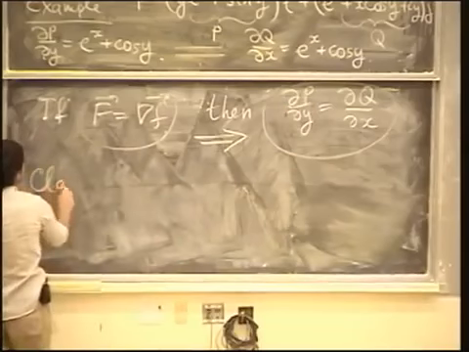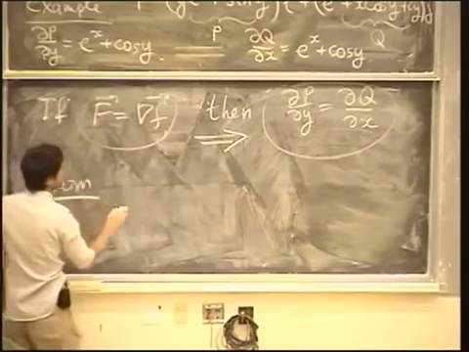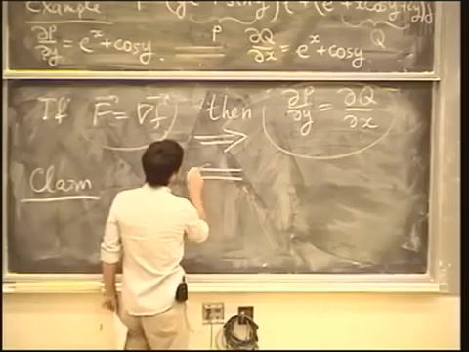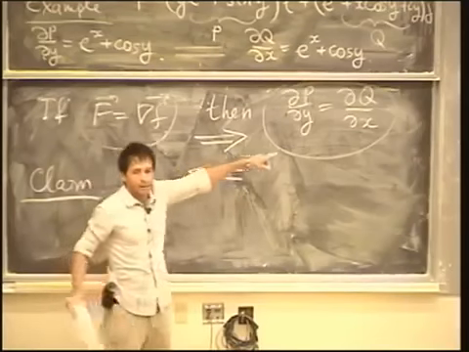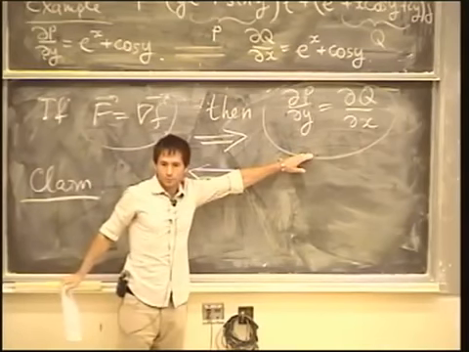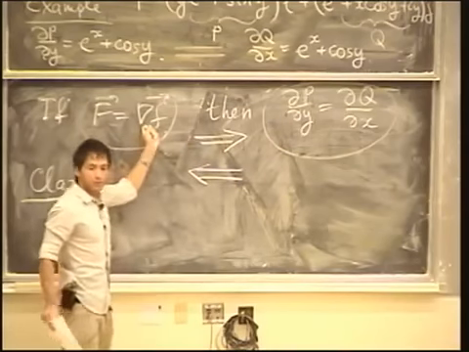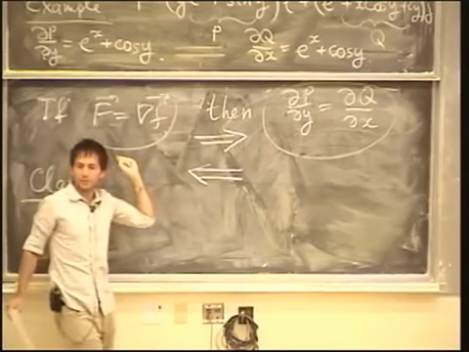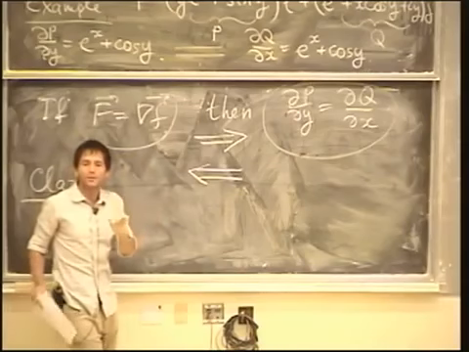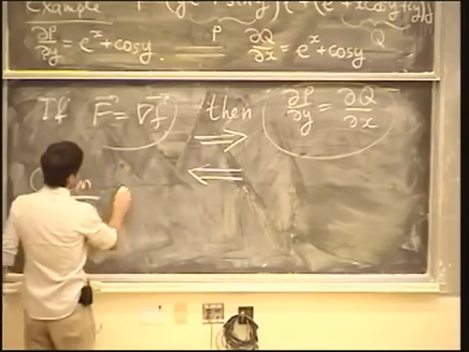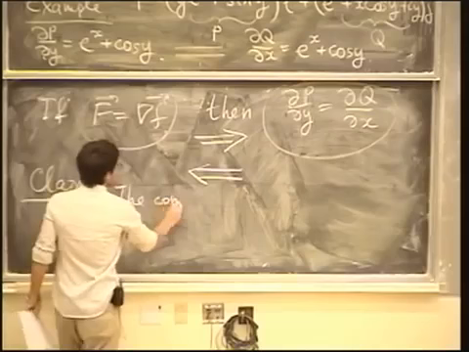But actually, the claim is that the converse is also true: if dP/dy is equal to dQ/dx, then there exists a function f such that the vector field is a gradient vector field. Under one assumption, the converse is also true.